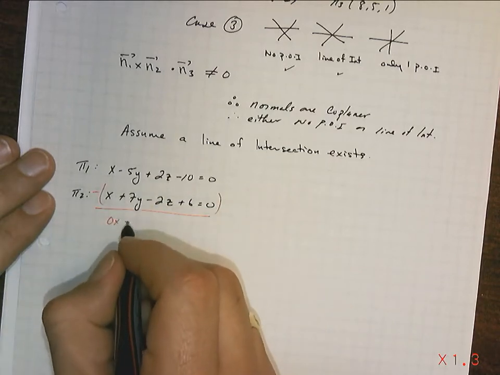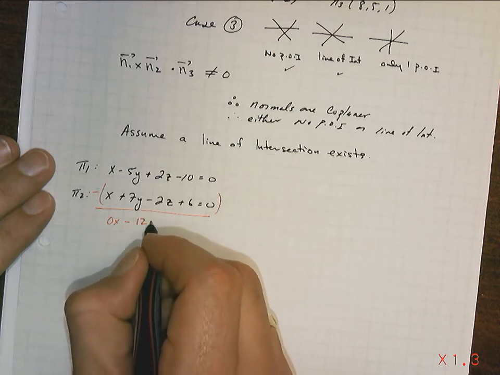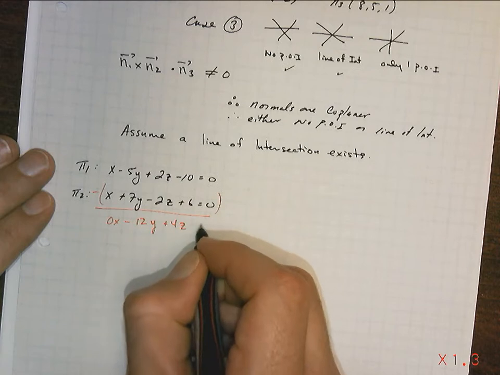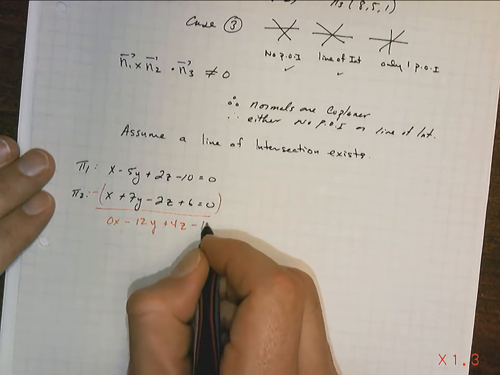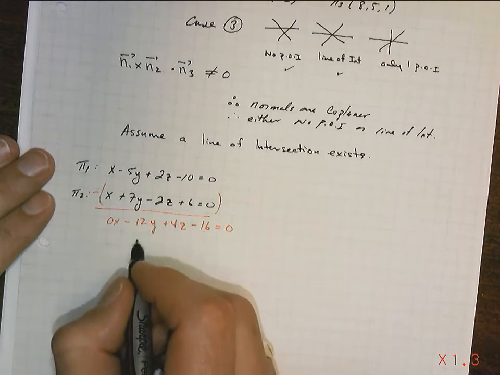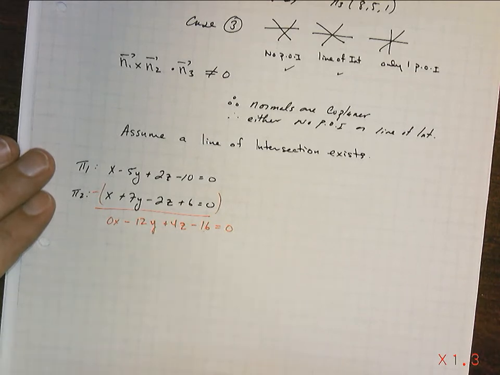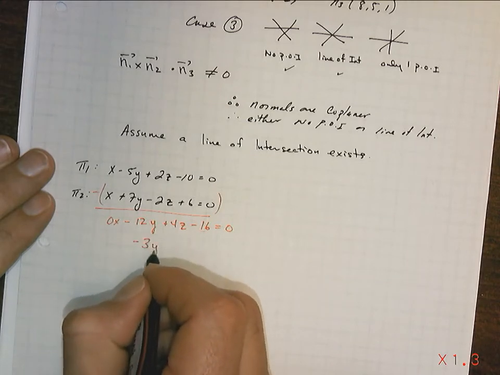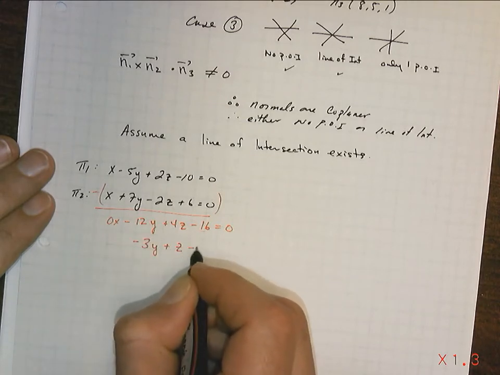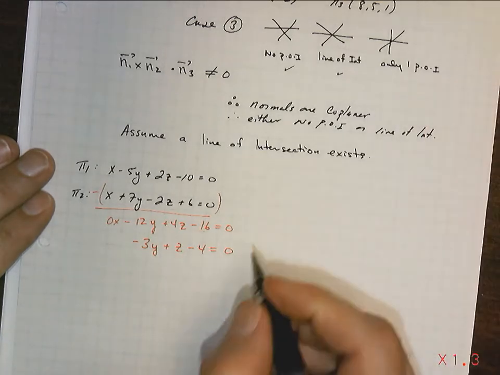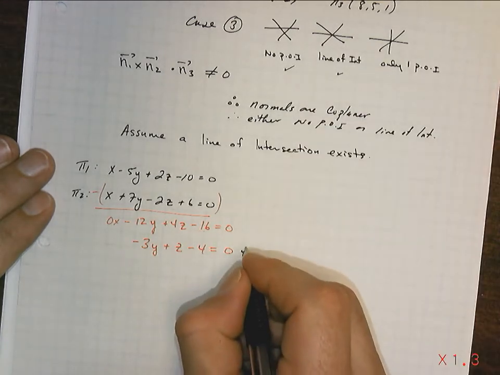It's going to be negative 12y plus 4z minus 16 equals 0. This I can reduce, so I'm going to common factor out a 4, so it will be negative 3y plus z minus 4 equals 0. All right, good. We'll call that equation number 4.